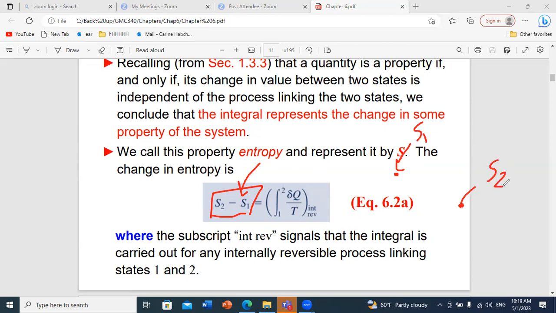So the change in entropy will always be equal to delta S. But if it's a reversible process, delta S is equal to the integral of del Q over T. If it's irreversible, then I should add the entropy production, and we'll see this in future slides.